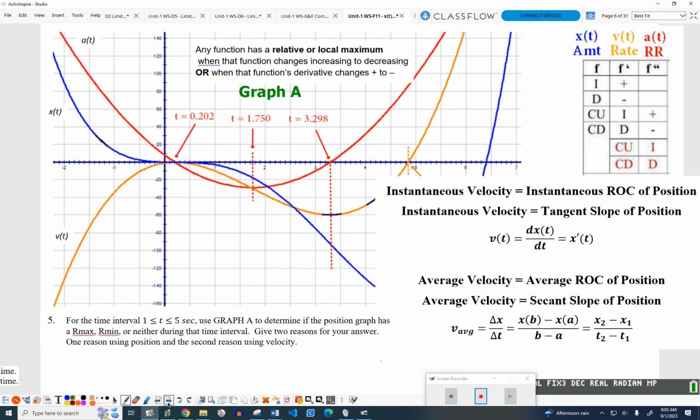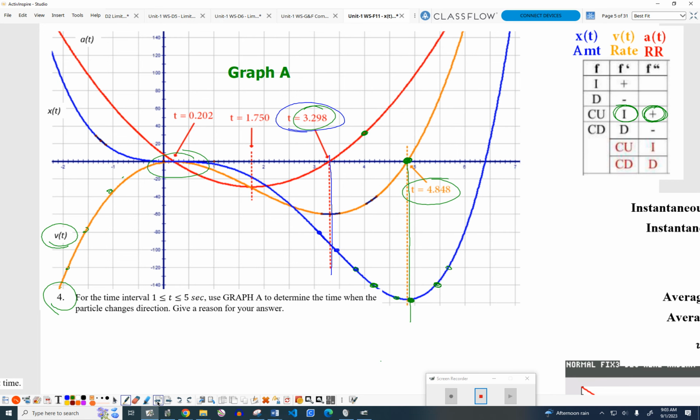That's what we do. So how would you write the answer to this question? Number 4 really is a very common AP question. It seems like every year they'll have something very similar to this.